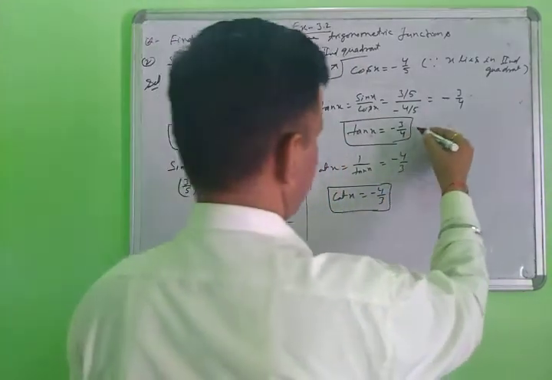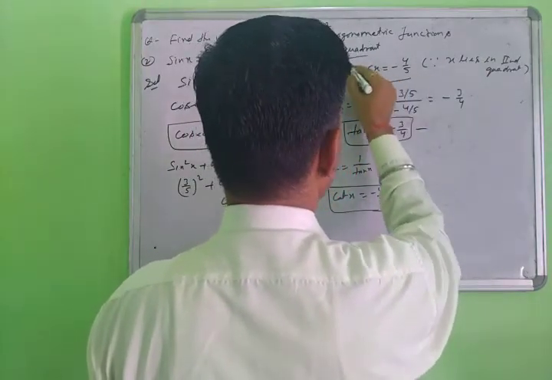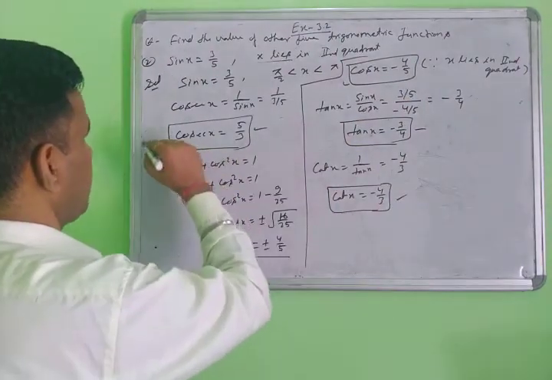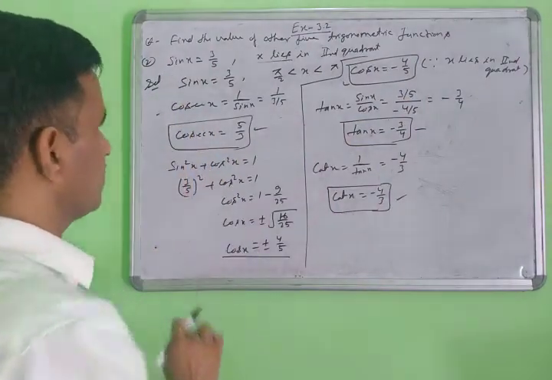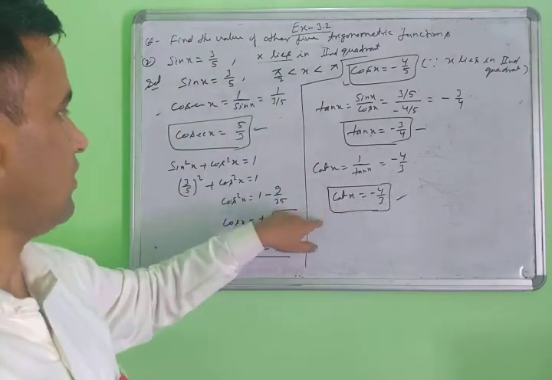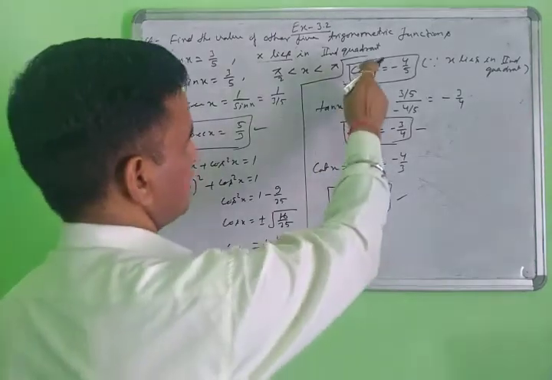Here 1, 2, 3, 4, 5. This is all completed. Cosec, sec, and then we are finding with the help of this sec also.